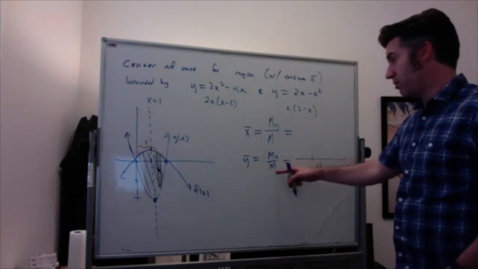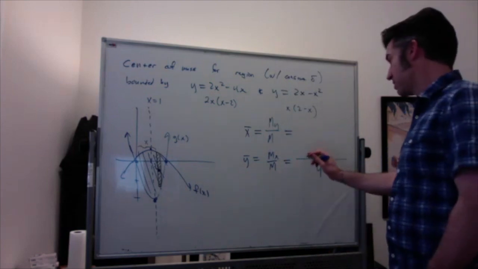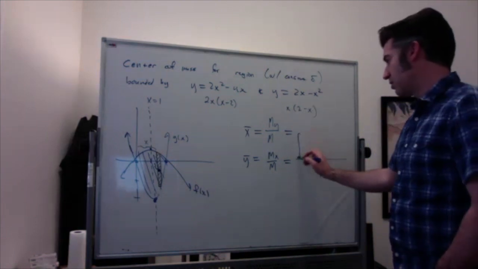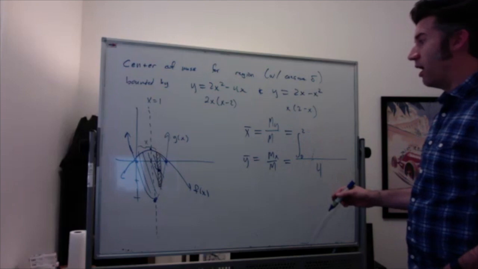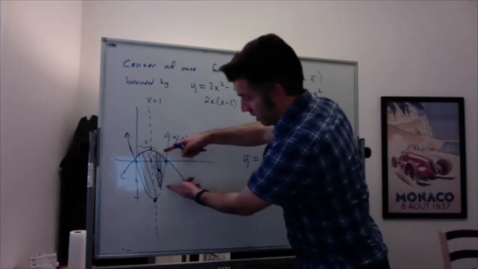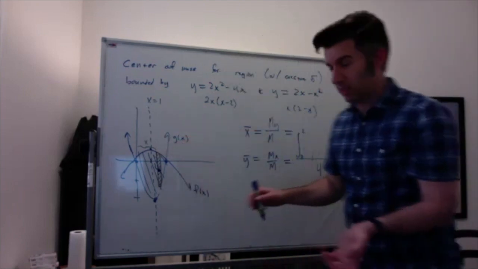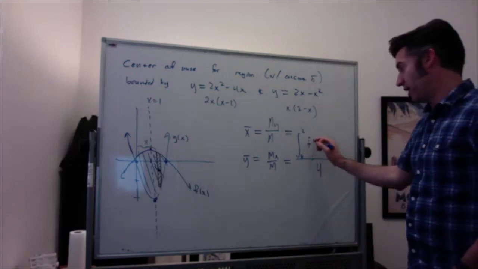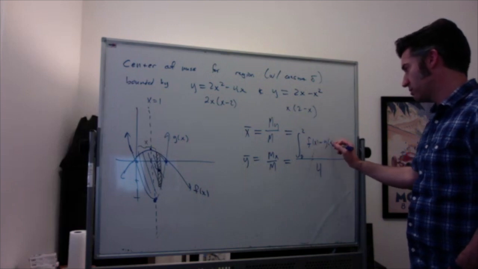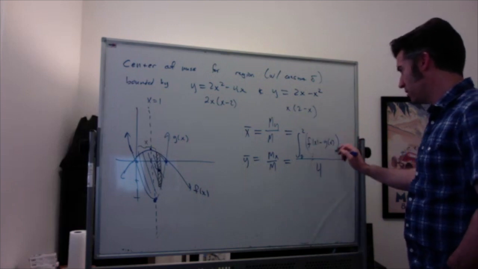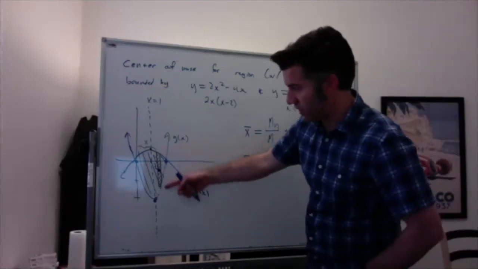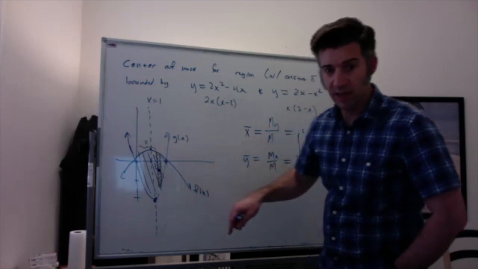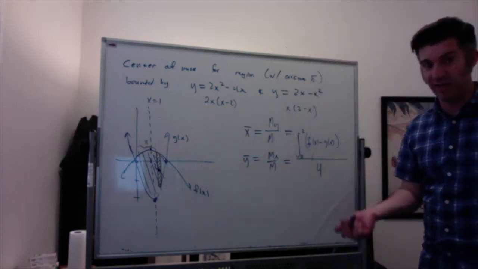So our moment on the x-axis is the following. The density, which cancels out, and then it's the integral from 0 to 2 of the area of your region, or the mass of your region without the density, which is still the same as it ever was. It's still your f of x minus g of x. I'm going to run out of room here. But then the average of these two functions, which is how far away all this mass is thought to be from the axis, is, well, the average of two things, you add them together, you divide by 2.